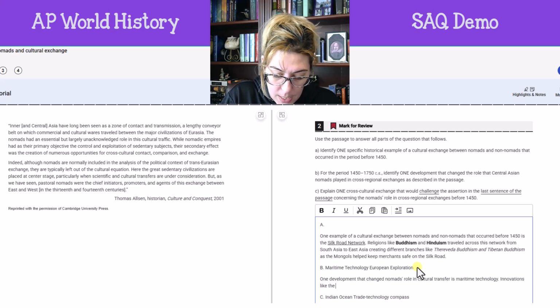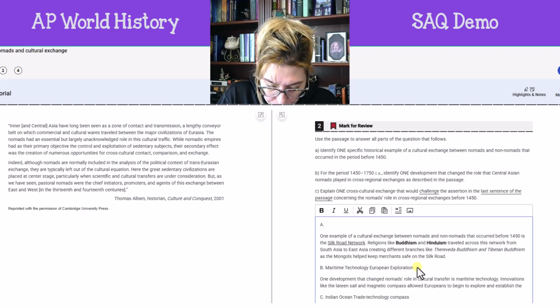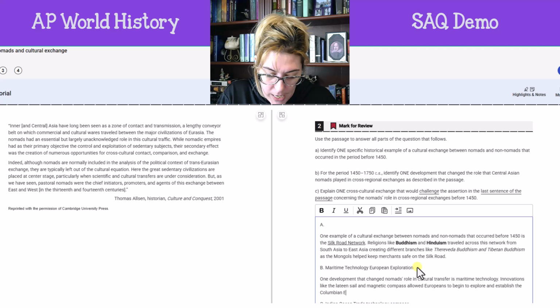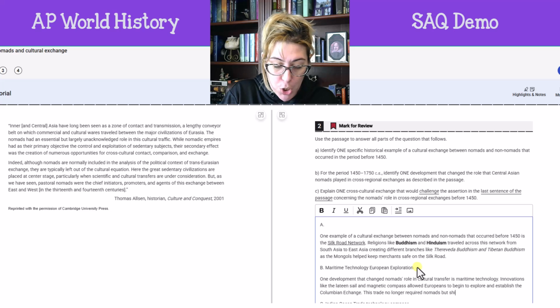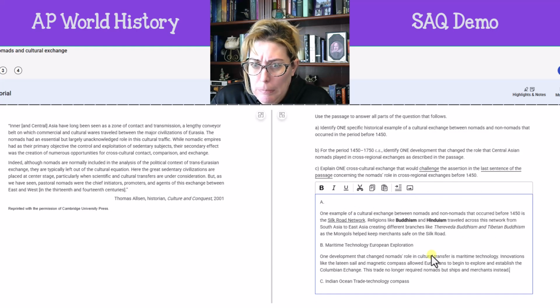Innovations like the lateen sail and magnetic compass allowed Europeans to begin to explore and establish the Columbian Exchange. This trade no longer required nomads, but ships and merchants instead. I don't think I have anything in there, but whatever.